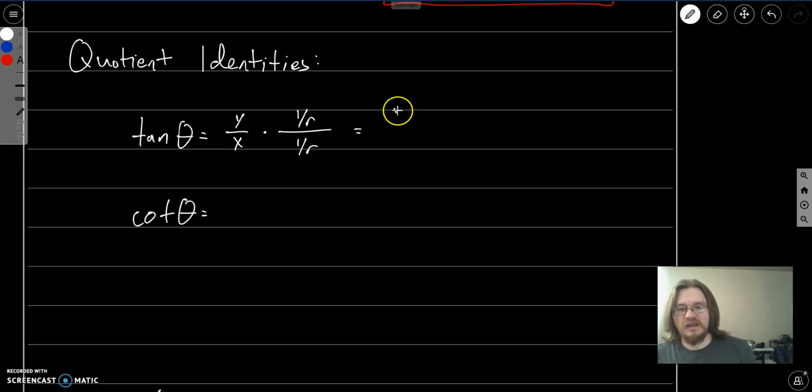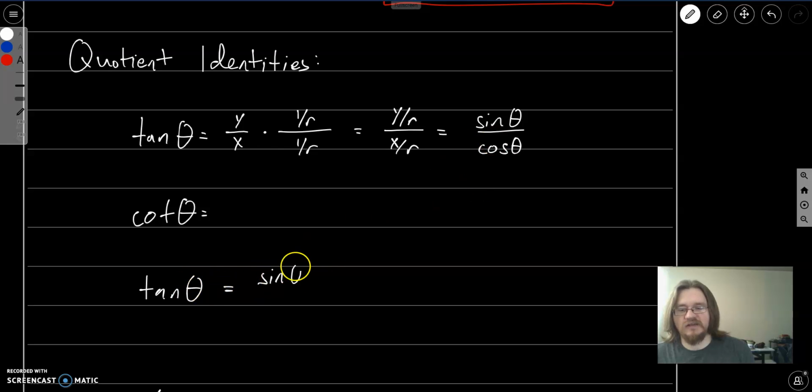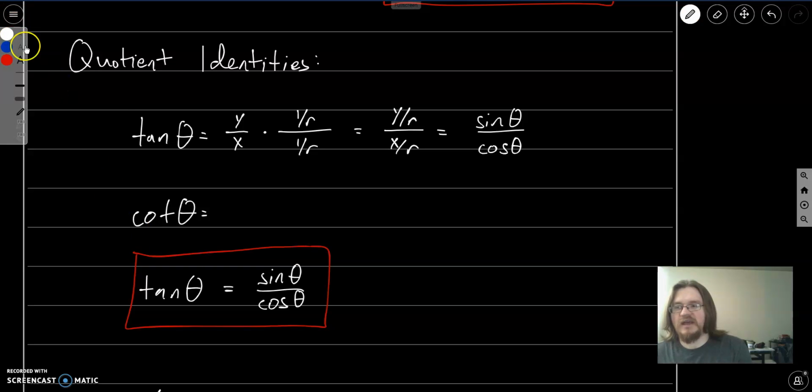Well, I'll get y divided by r over x divided by r. y divided by r is the sine. x divided by r is the cosine. So we have the following identity. The tangent of an angle is the same thing as the sine of an angle divided by the cosine of an angle. So this is one quotient identity.